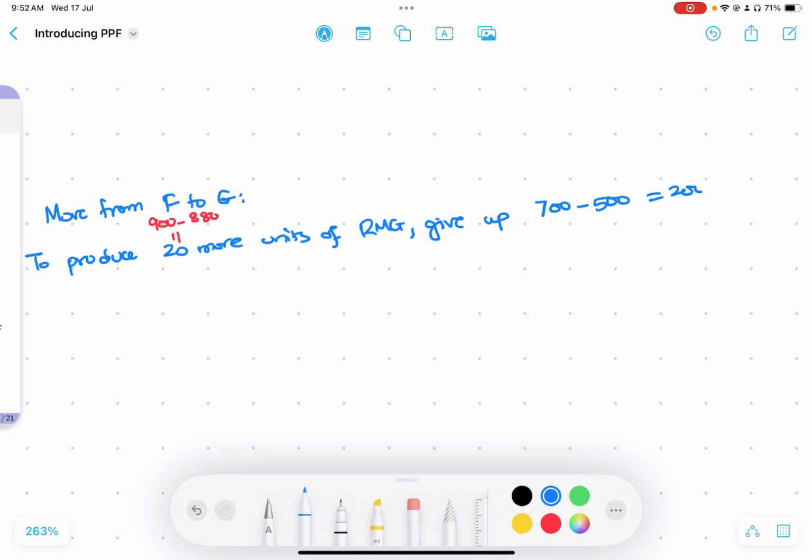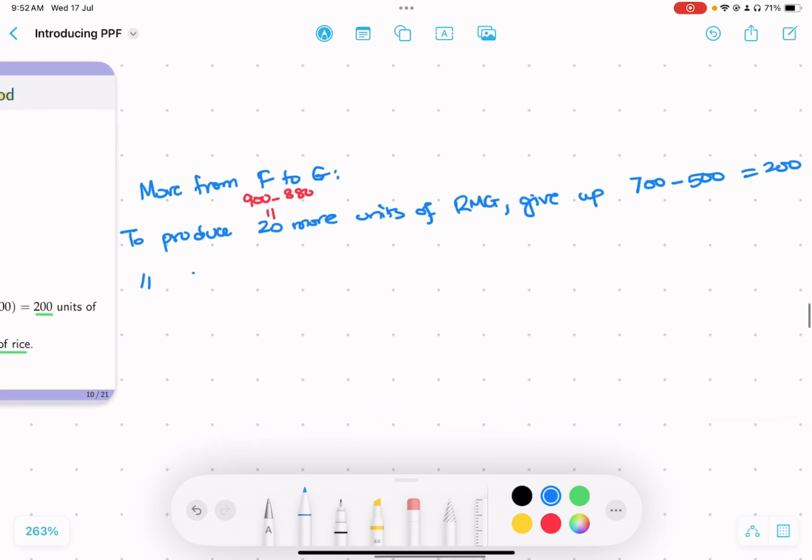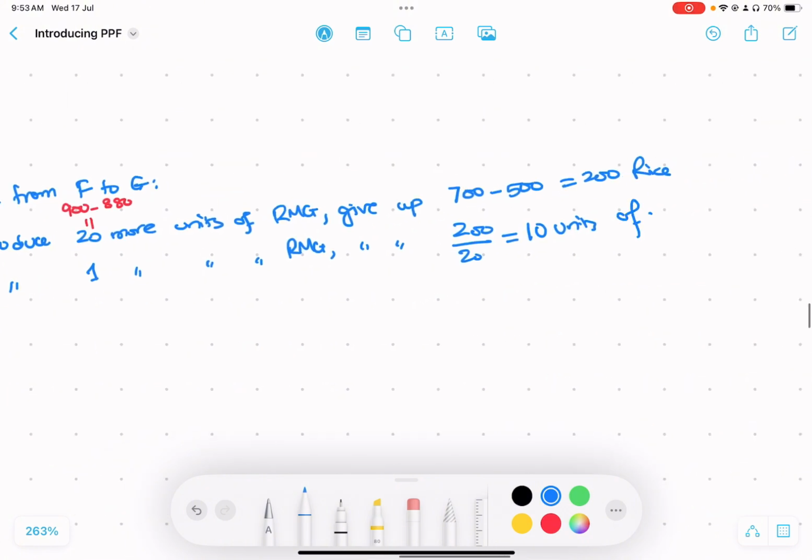So 200 rice, which means, let's take it in terms of one, to produce one more unit of RMG, you are giving up 200 divided by 20, right? So 10 units of rice.